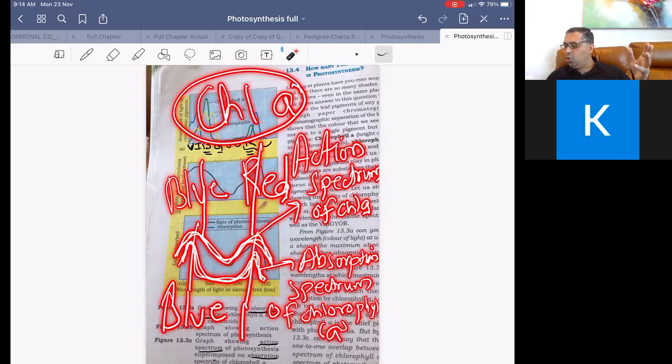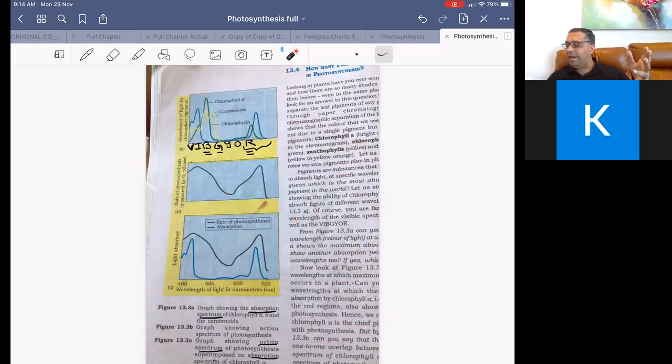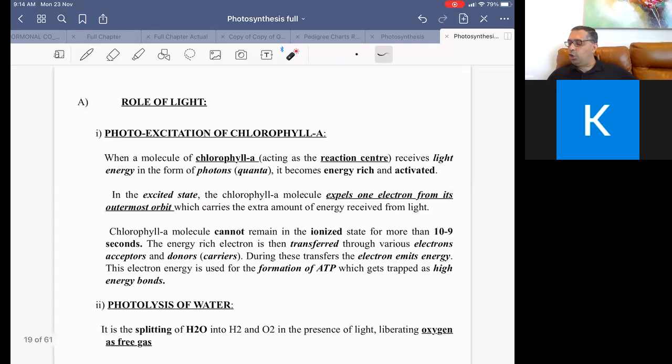So from the NEET point of view, the action spectrum and the absorption spectrum are identical in the blue and red light of chlorophyll A. So beautiful logic, ये याद रखना. Chaliye, that we have understood.